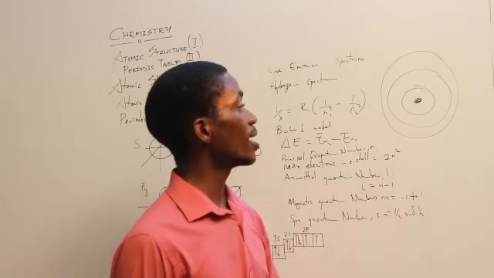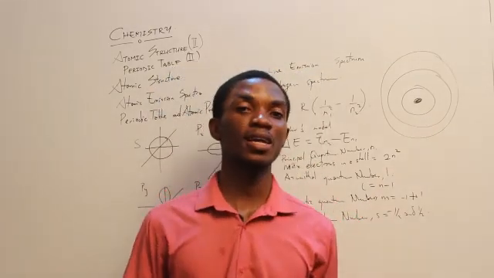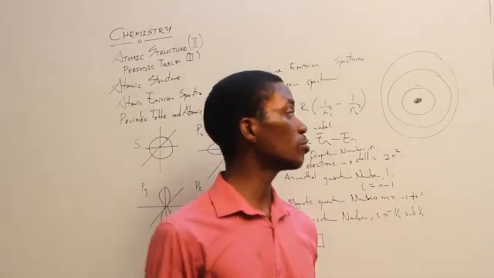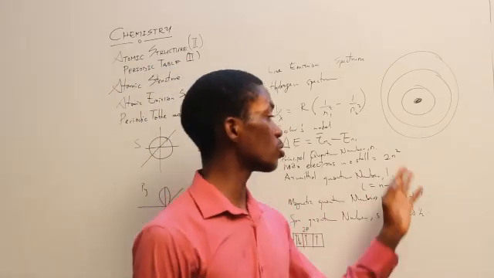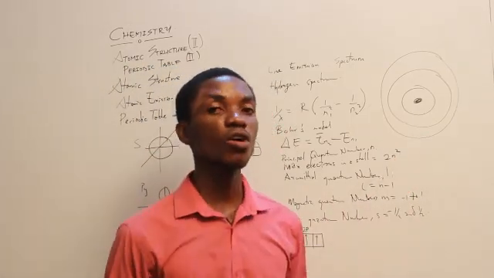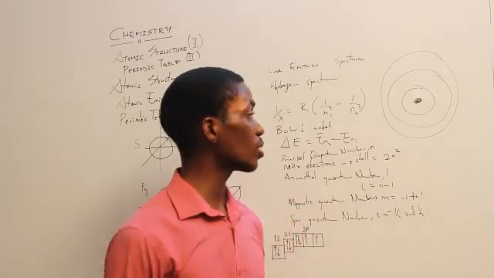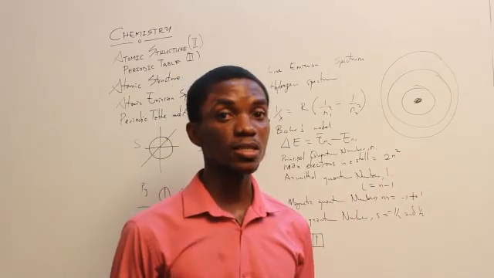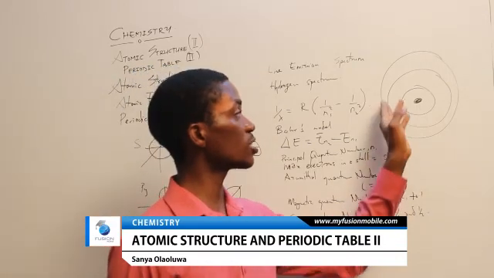So that is why after hydrogen and helium, no other element can be found on the first period. Then we move to the second shell: 2 squared is 4, and 4 multiplied by 2 gives 8. So 8 electrons can be found on the next shell.